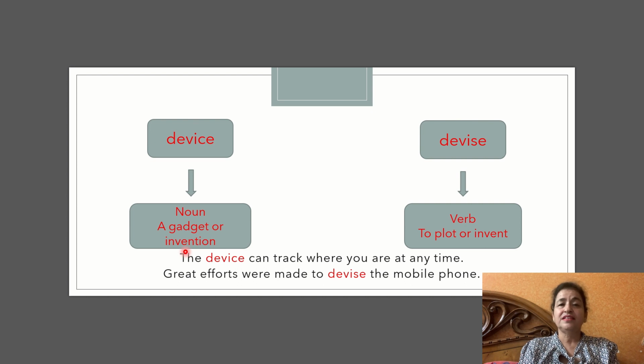And the second is a verb, D-E-V-I-S-E, devise, that is to plan, to plot. The sentence for that is: great efforts were made to devise the mobile phone.